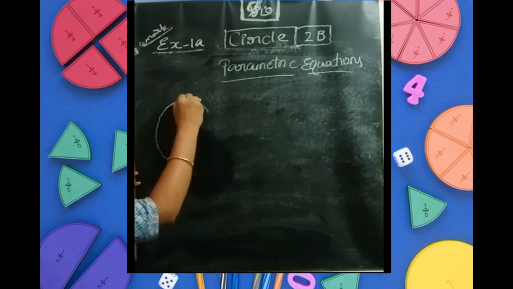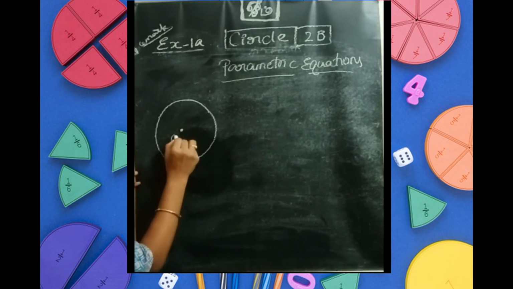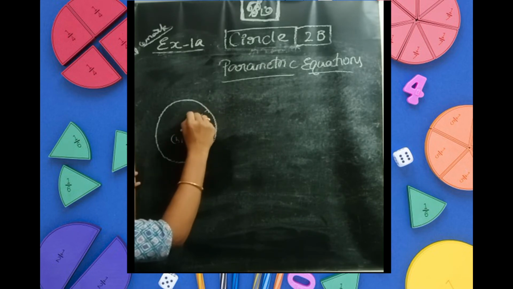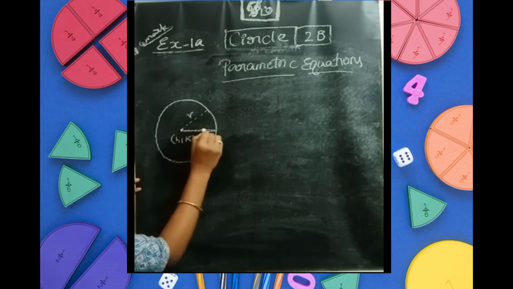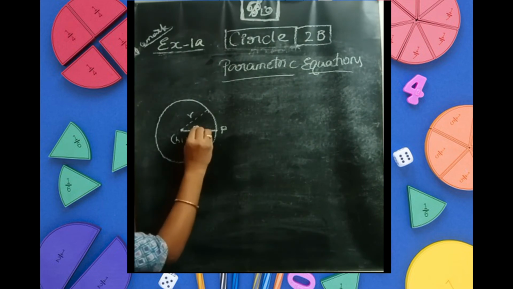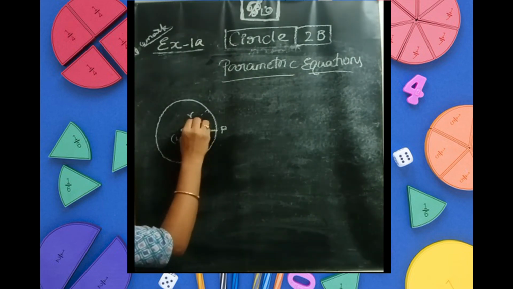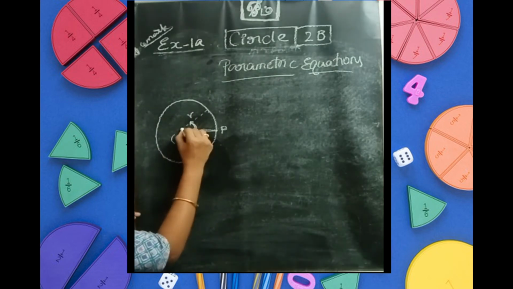This is the circle having center h comma k and radius r. Now this is a line which is passing through a point P. Here is the angle, maybe clockwise or anti-clockwise for the radius. The parametric equation, we know this.